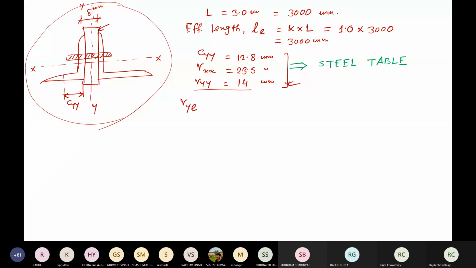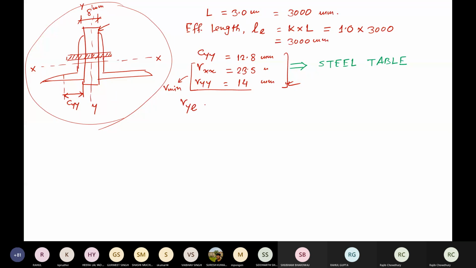Slenderness ratio means the ratio of length to radius of gyration, the least radius of gyration. Out of these two radii of gyration, we are considering the least, R minimum. So R minimum is becoming RYY.